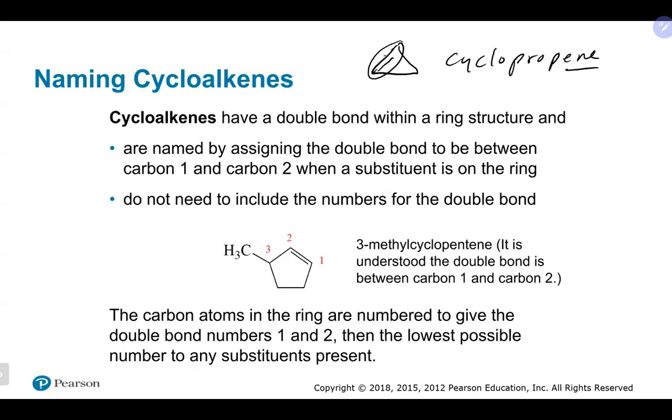You would not need to give the location of where the double bond is because it's assumed to be carbon number 1 wherever it's at. But if you do have something attached, like we see down here, or we draw it up here, got this going on, and we got this going this way, we do need to give the location of this group that's attached.